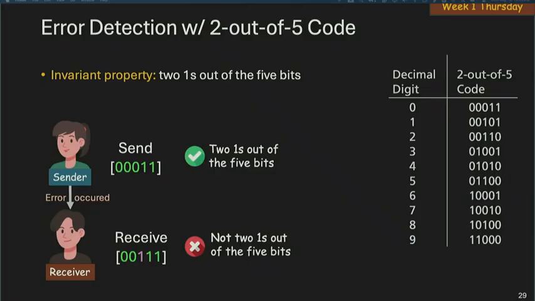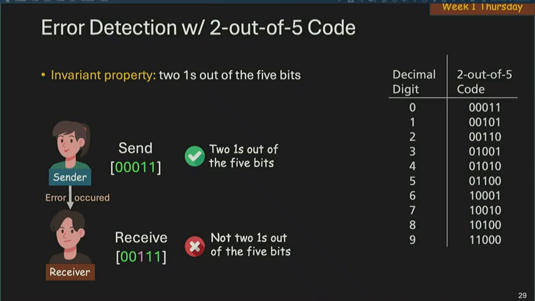By 1-bit error, I mean one of the bits gets flipped. So if the flip happens at one of these 3 bits, you would have 3 1s. If the bit flip happens at one of these 2 bits, you would have a single 1. So after a 1-bit error, you would have 1 or 3 1s out of 5.